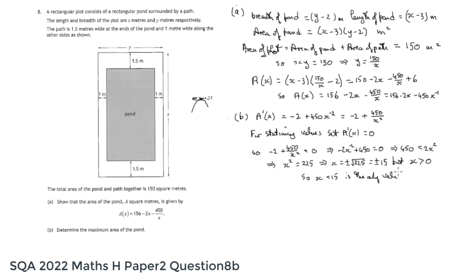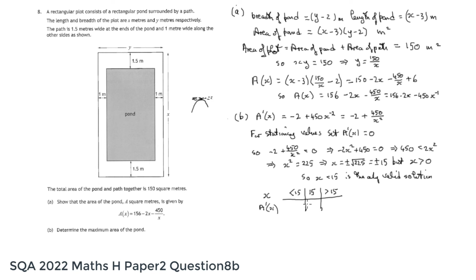valid solution. Now, we don't yet know whether this does give us a maximum value for the area or not, and we'd have to do a little bit of analysis on that. We'd have to take values of x around about 15, for instance less than 15 and greater than 15, and we'd have to examine whether the gradient, that's A dash of x, is positive or negative in these various areas.